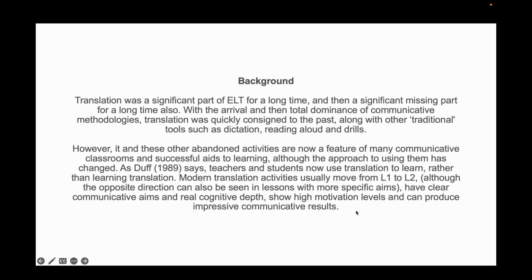So, translation is not something bad or something wrong that we shouldn't include in our classes. What we need to be careful about is that we need to give an intention to these translation activities. And that is the way we can make translation a powerful tool while learning a second language.